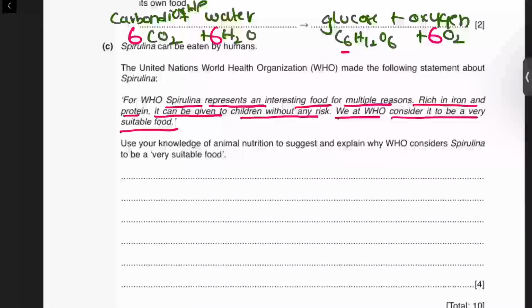Superb question. Why is it that this is considered a very suitable food, guys? People online, what do you think? They are copying everything and waiting. Okay, so you attempted. I failed, but okay. Spirulina is a bacteria, man.